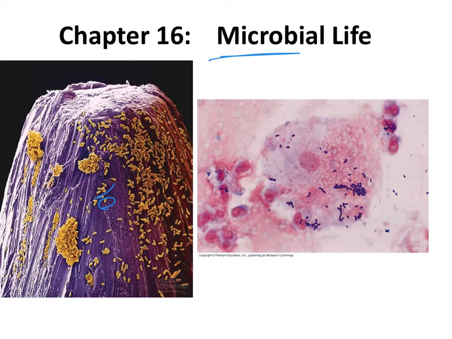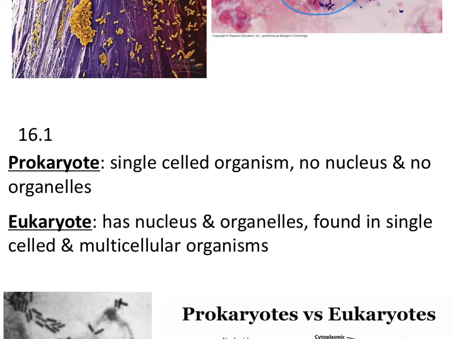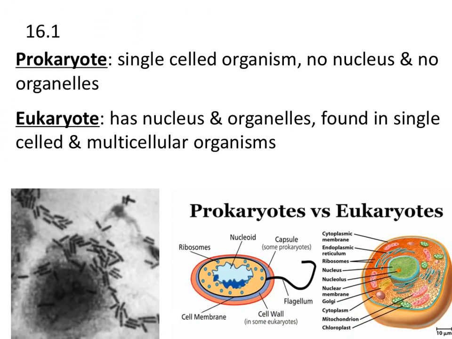The picture on the right represents a human cell, so this is a eukaryotic cell with the nucleus in the middle, and you can see just based on the size comparison how teeny tiny the bacteria cells are compared to the human cell.